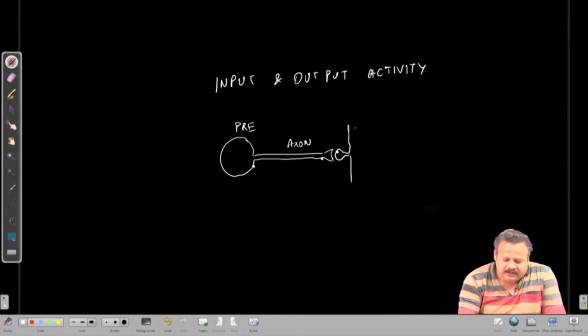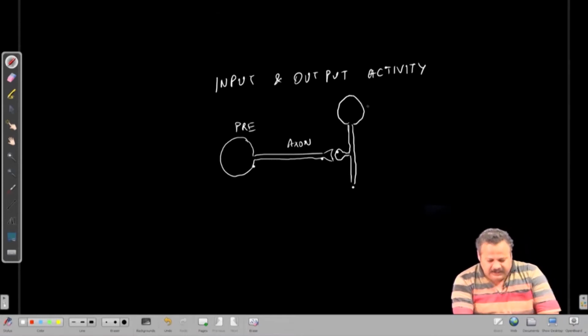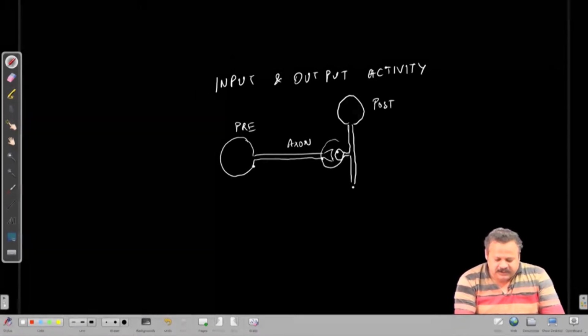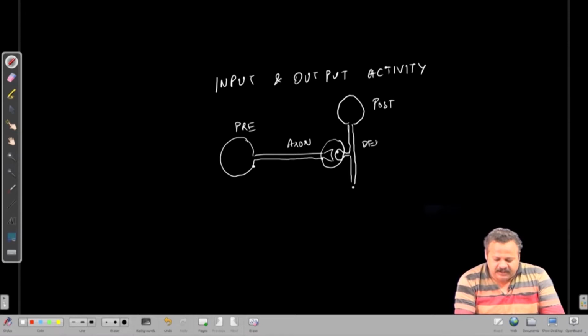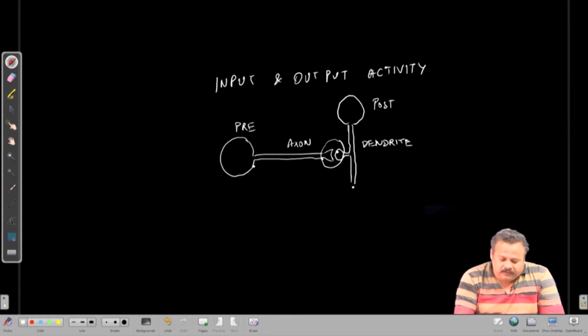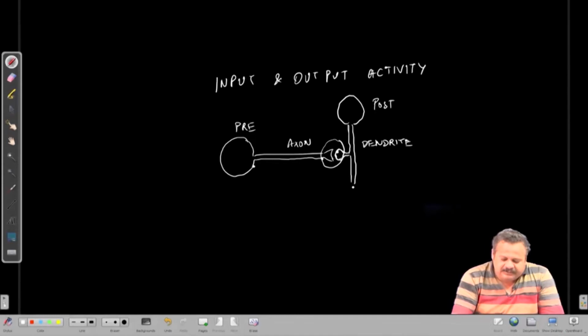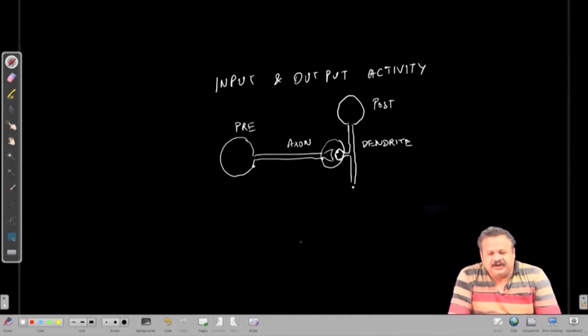This is the dendrite of the postsynaptic neuron, and this is the postsynaptic neuron cell body, and this is our synapse. This is the dendrite. So, if you remember, we are talking of how the strength of existing synapses is changing.